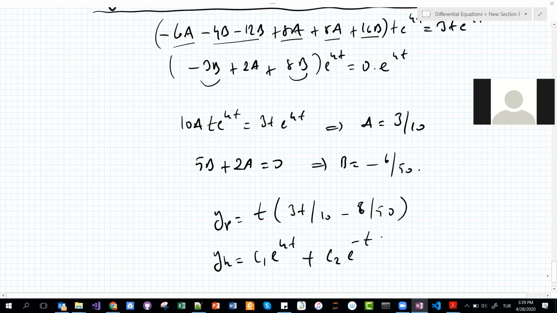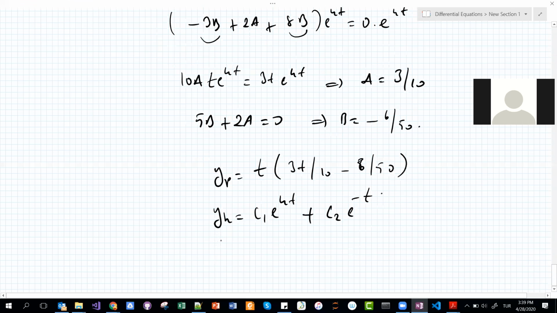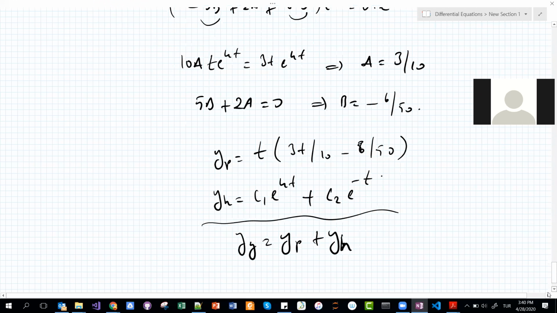And then to get the general solution, just add these, yp plus yh. Any problem, guys? I hope you remember each step and how I choose to write my particular solution, and then how I use my extra term there.